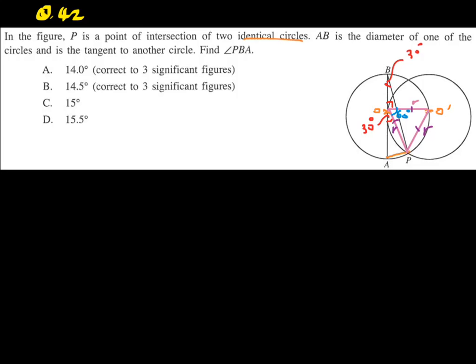Hence, B will be 30 degrees divided by 2, which is 15 degrees. So the answer here is C.